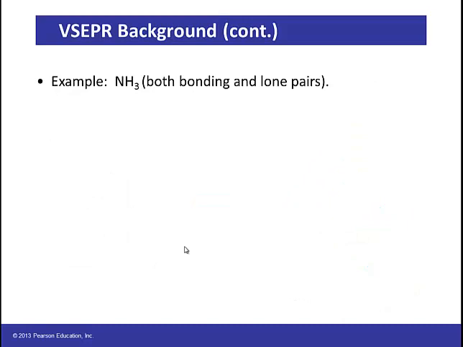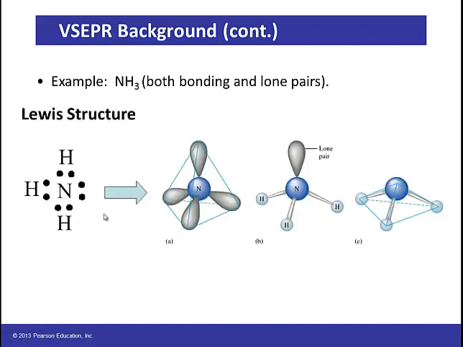So now let's take another example. We've got NH3. Let's draw the Lewis structure for this molecule. So we can see we've got 3 bonds going to the hydrogens, and you can see nitrogen also has 1 lone pair as well. So let's see how this is going to affect the shape. We still have to take into account that the nitrogen has this tetrahedral shape.